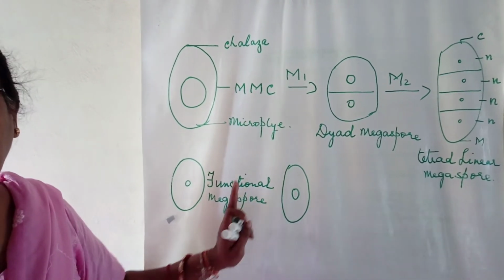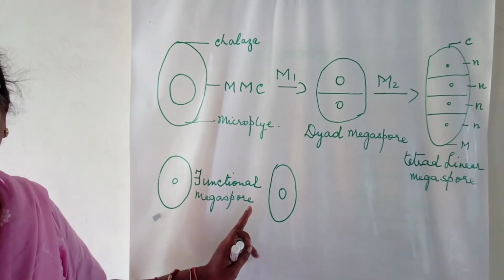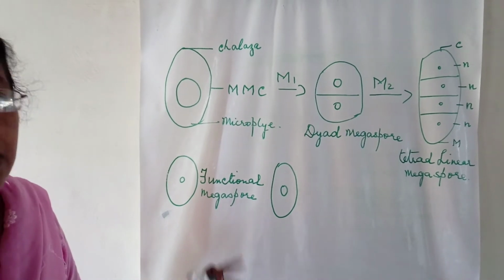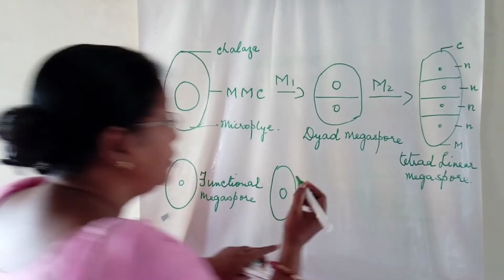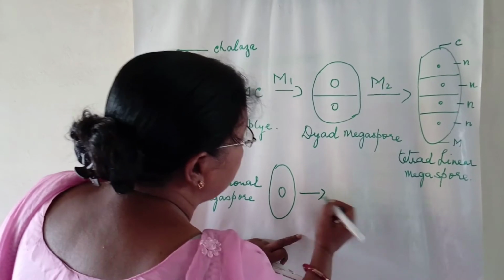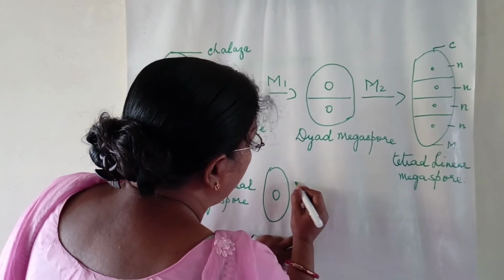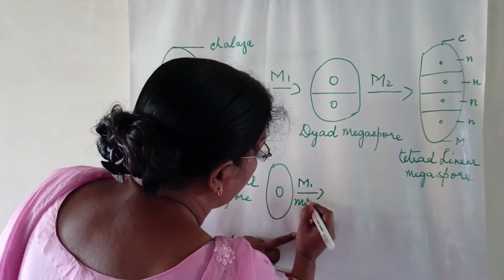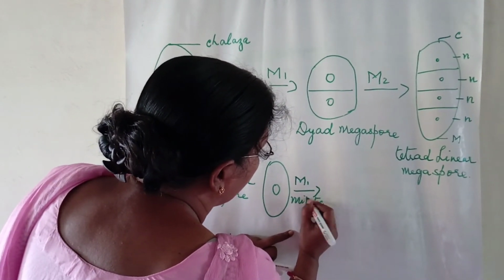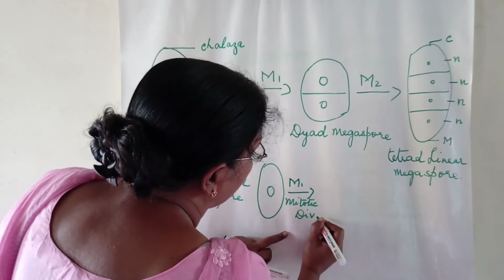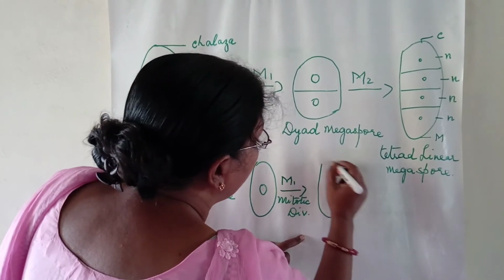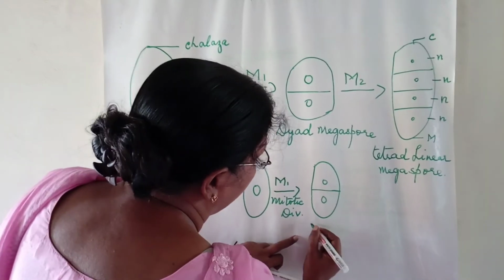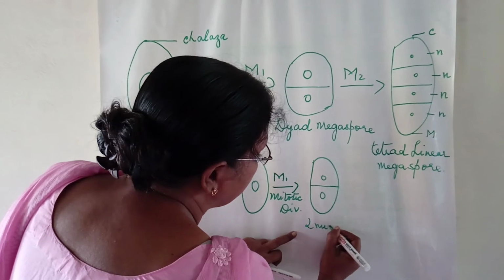This is a free nuclear division where the cytoplasm does not divide. Cytoplasm divides later on and forms the cell wall. So this is a free nuclear division in which only the nucleus is dividing. It will undergo the first mitotic division, where a two nucleate stage is formed.